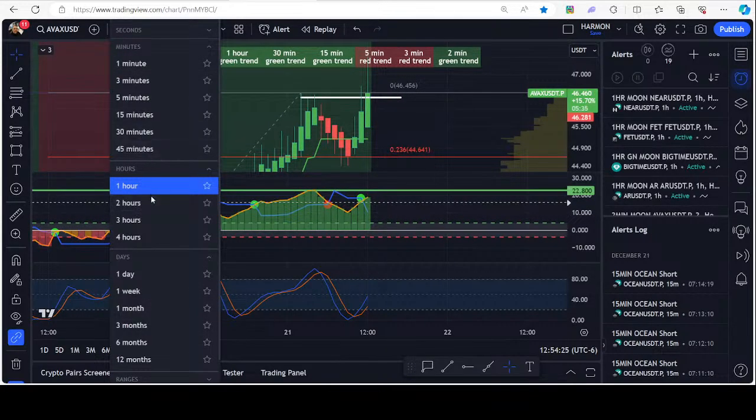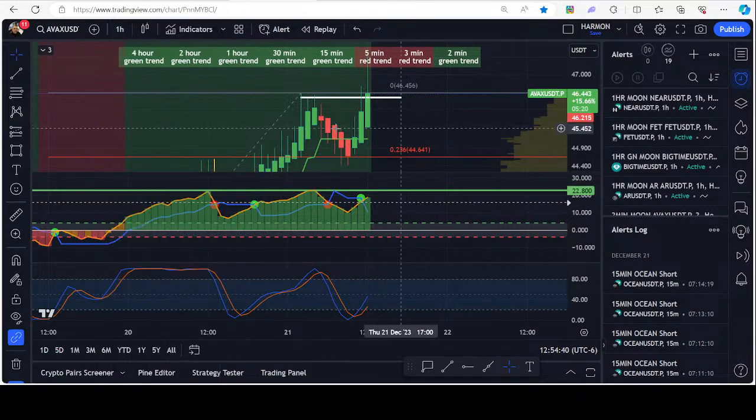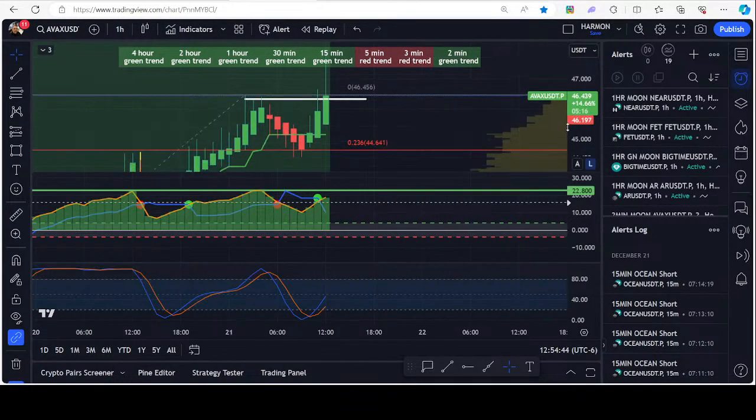These should be getting weaker in the next couple hours. So set your 1 hour moon on AVAX. That'd be a good coin to go in and short. Near Protocol as well, but you gotta let these RSIs play out.